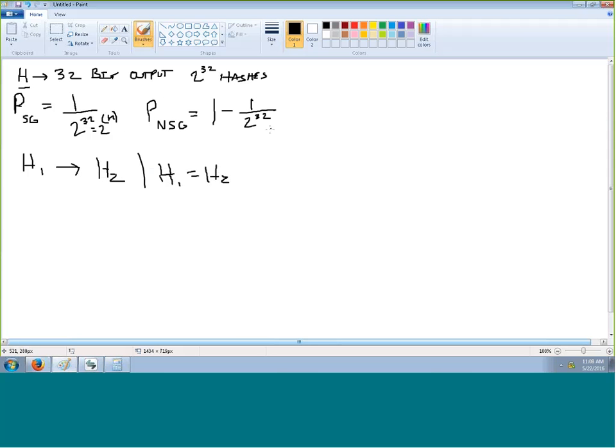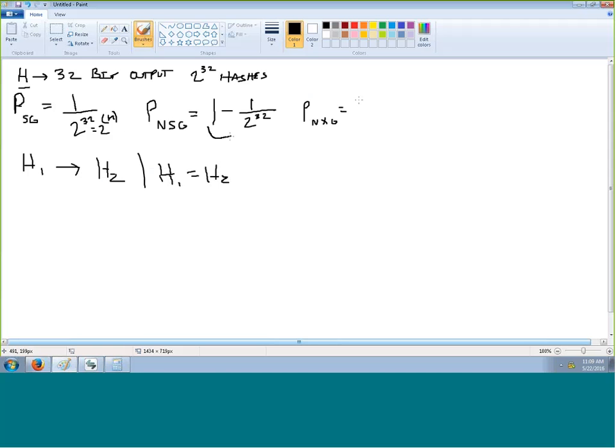Okay, so we're not decreasing. Like I said, we're not decreasing our set size with each new try. So we can just say our probability of not generating a collision after x hash generations is going to be, remember back to our coin flipping problem, we just multiply the probabilities, right?